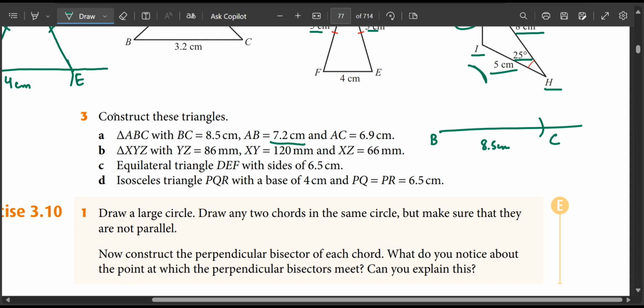You will make a point like this firstly. ठीक है, after that you are going to open your compass to 6.9 centimeter, put your compass point over here and then pencil over here and I mark a point like this. Make sure don't make this issue.